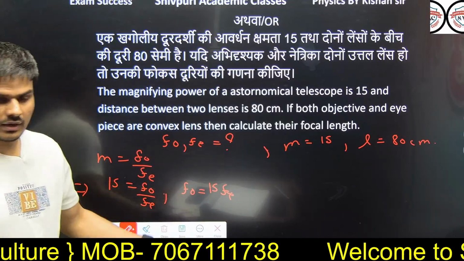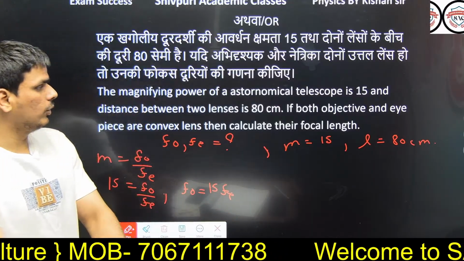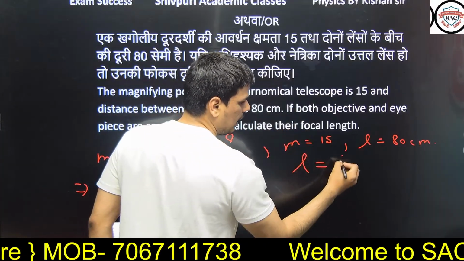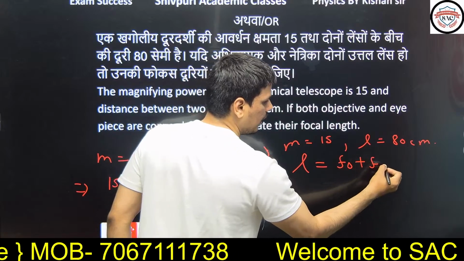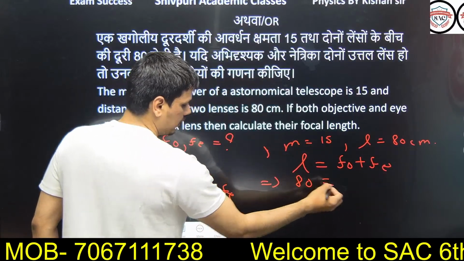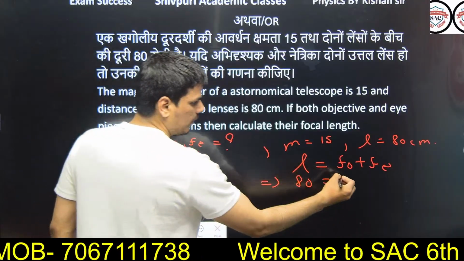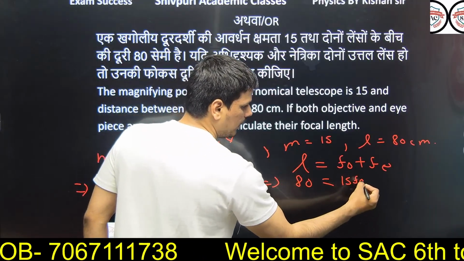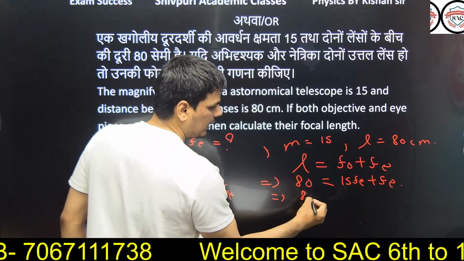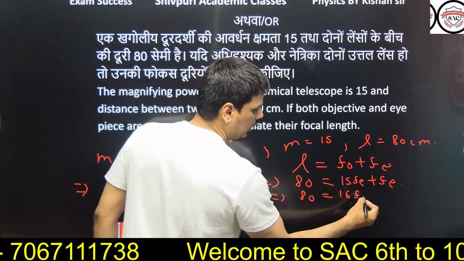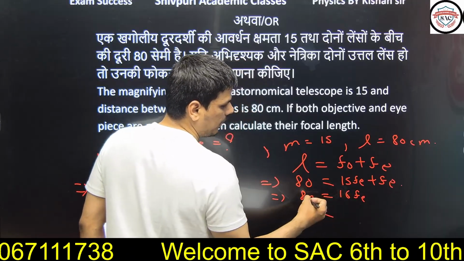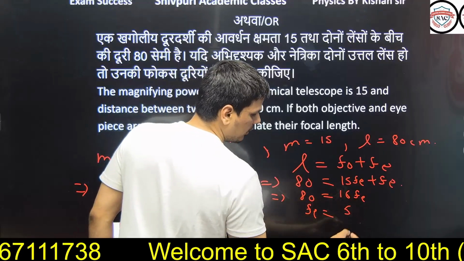So we have a relation between them, FO equals 15 FE, but the length will be FO plus FE, and the value of L is 80 centimeter. For FO we write 15 FE plus FE. So 80 equals 16 FE, or FE equals 80 divided by 16, which is 5.